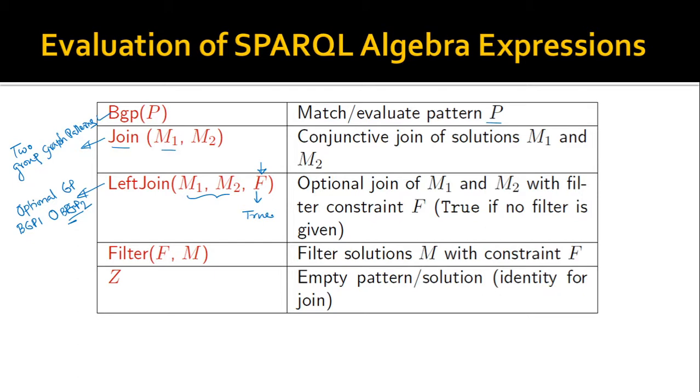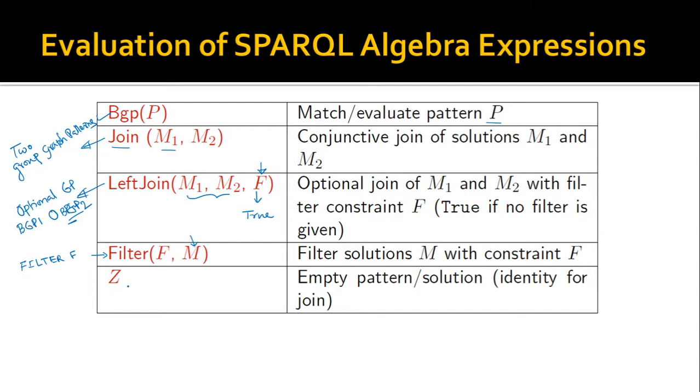This is what we have done in the last lecture. And you have a filter operator, which represents the filter keyword, corresponding to a constraint f. So basically you are applying a filter constraint over a solution.